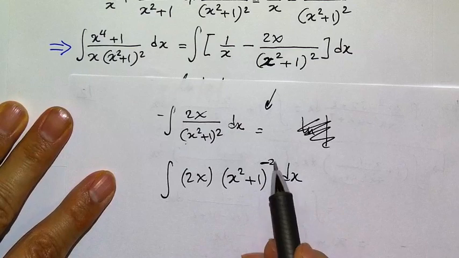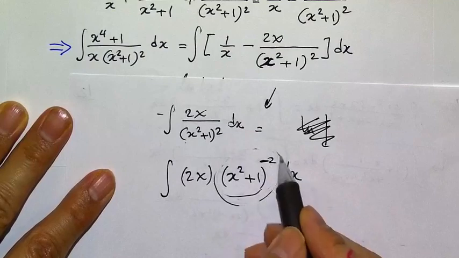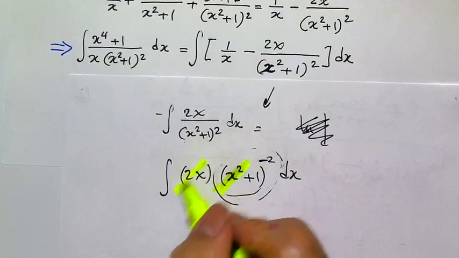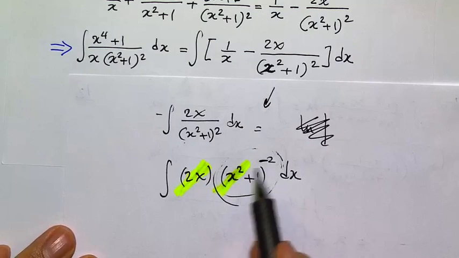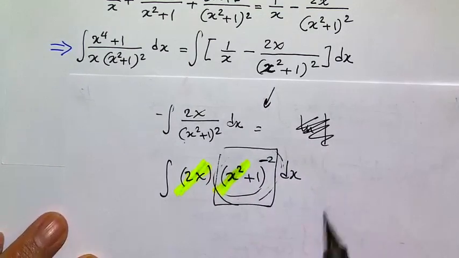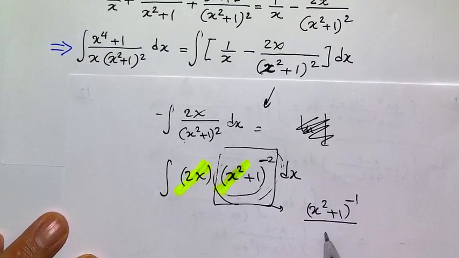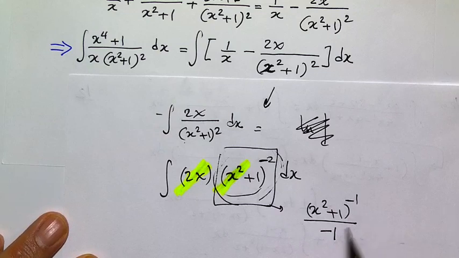So if I integrate that, what do we get? Just noticing that the derivative of this x squared plus 1 is 2x. That's helpful because look what happens when we integrate just this piece. We'll get x squared plus 1 to negative 1 power divided by negative 1, right? Let's test this.